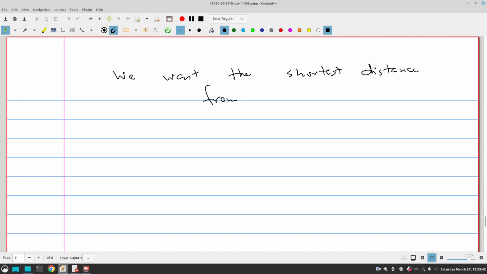We want the shortest distance from the point (1, 0, −2) to the plane x + 2y + z = 4.